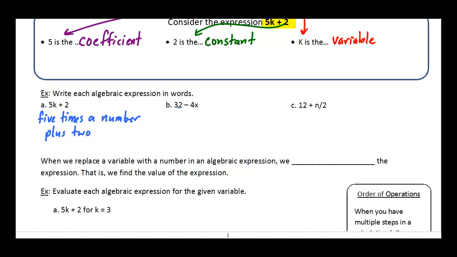Our next one here, 32 minus 4x. This one's a little bit trickier because of that subtraction there. And so the way we would say this is 4 times a number less than 32.